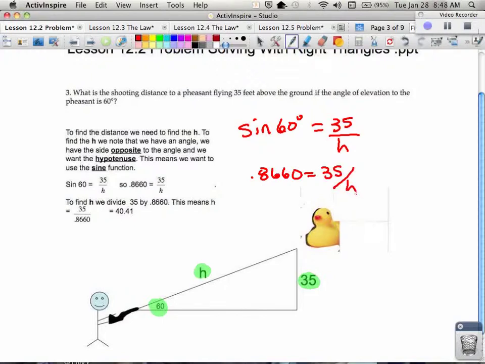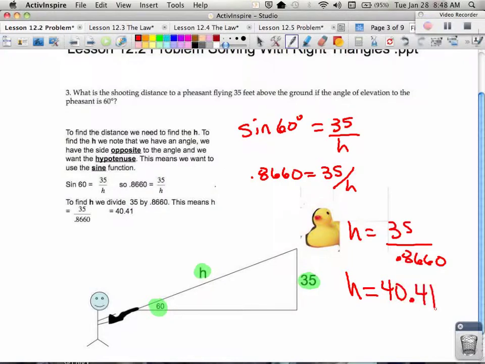I notice that since my variable is on the bottom, I divide, or in other words, my h should be equal to 35 divided by the 0.8660, or h, when I make that division, is 40.41.